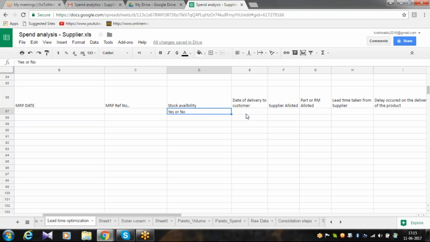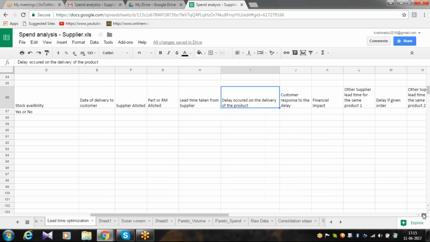Then the date of delivery to the customer. Suppose I have a date which is to be given to the customer. And which supplier has been allotted for the particular raw material, and what is the part name or raw material name. How much time did the supplier take to deliver the product, and did any delay occur on delivery of the product to the customer? If a delay happened, what was the customer response?